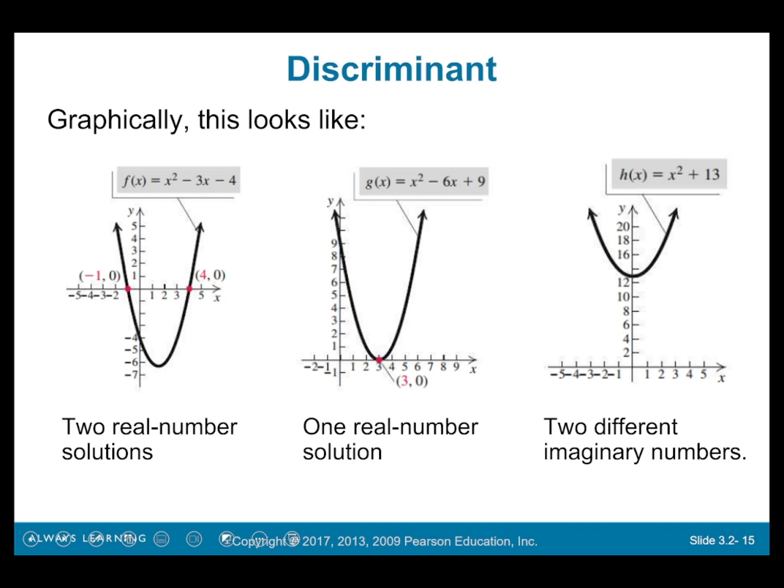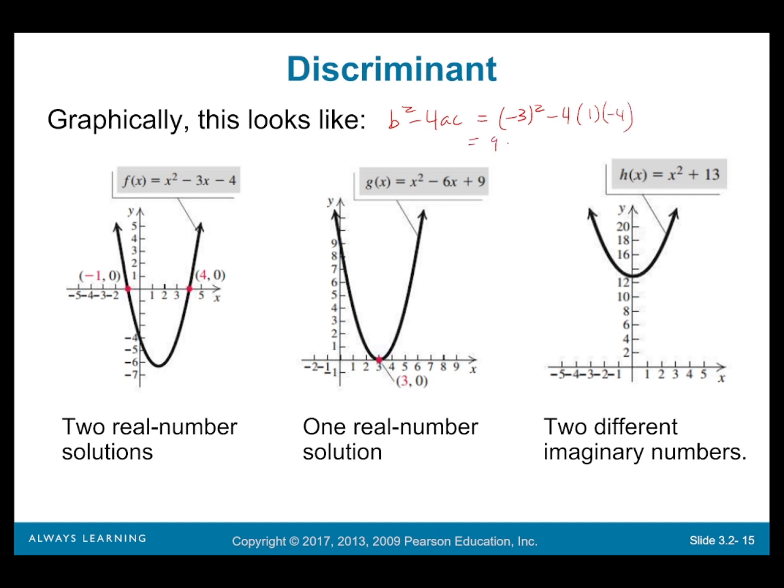Now, graphically, what this looks like is if I have x squared minus 3x minus 4, my discriminant is b squared minus 4ac, which is negative 3 squared for this first case, minus 4 times 1 times c, negative 4.